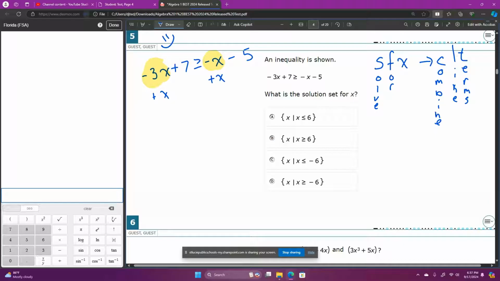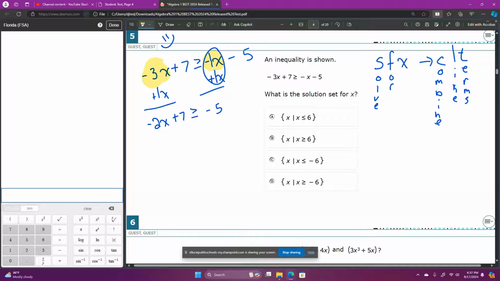And what's my invisible number with this x? We got an invisible 1 going on, so I'm going to add that too. Negative 3 plus 1, you can check it on the calculator, but that's negative 2x. I'm going to bring down my plus 7, bring down my sign, and bring down the negative 5. This canceled to 0.